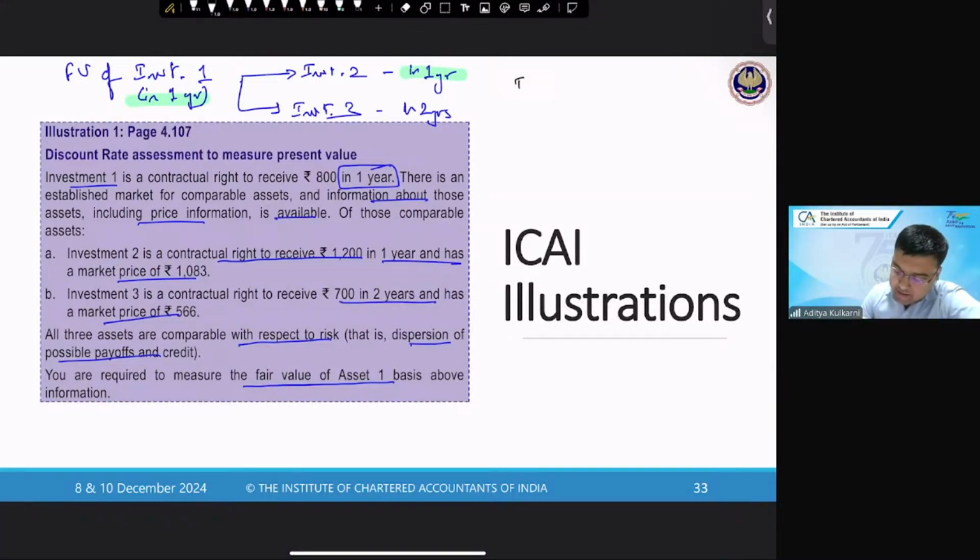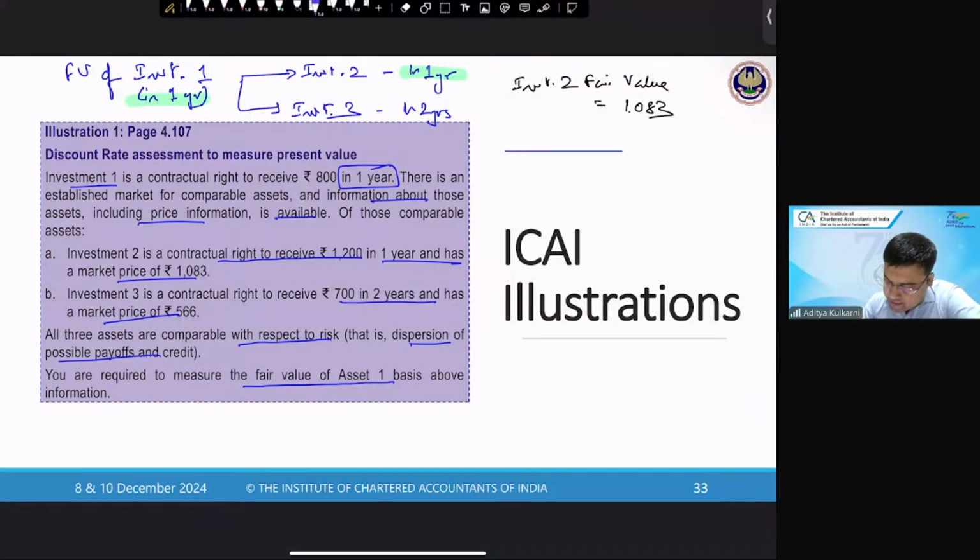Now, investment 2 fair value. How much is it? 1083. Yes or no? Anybody has any doubts here? No. So if I look at investment 2, what it is looking like is this. Today the value is 1083 market value.